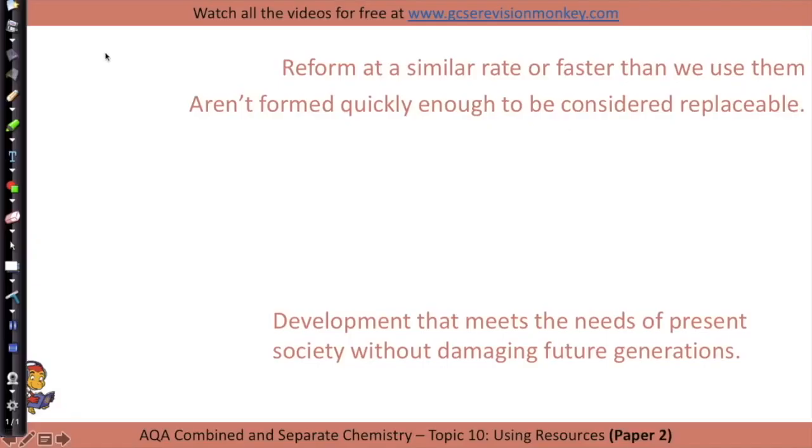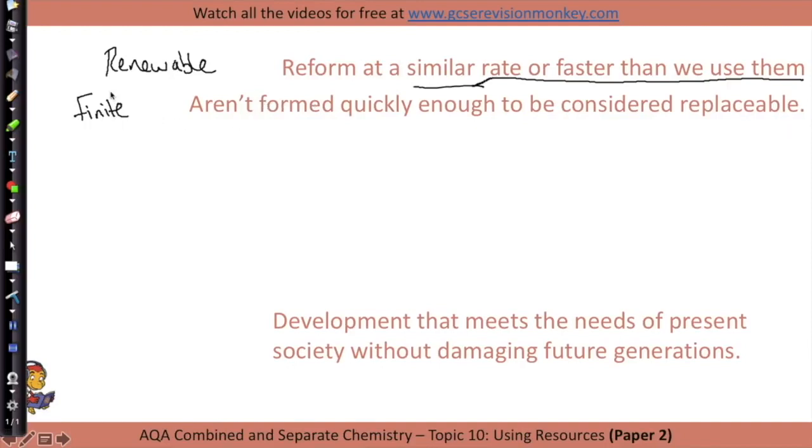First of all, a couple of really important keywords. The first one is renewable. That word is given to resources that reform at a similar rate or faster than we use them. That really means if we use them up, we can replace them quickly. However, finite resources are the ones that we need to take real care about because they aren't formed quickly enough to be considered replaceable.